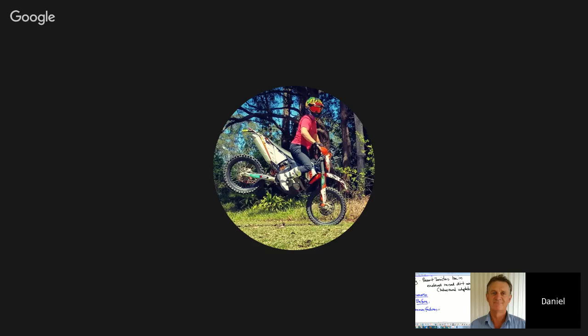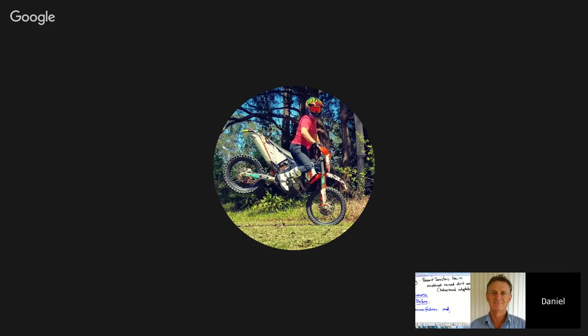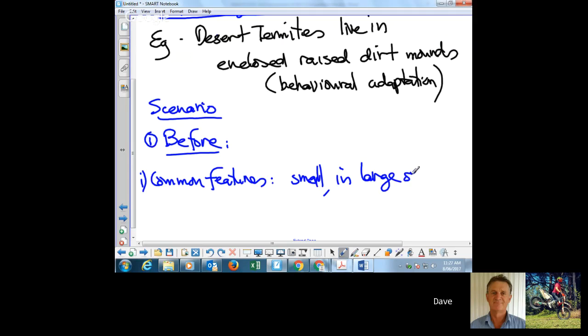These termites are between 3 and 5 millimeters in length. Small. Yep. Do they live on their own or in colonies? Yeah, they live in colonies and they're social. Large social colonies.